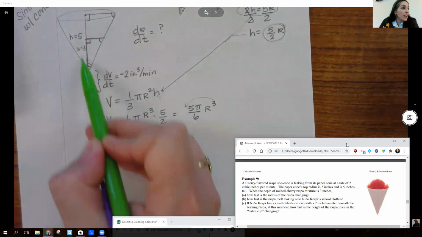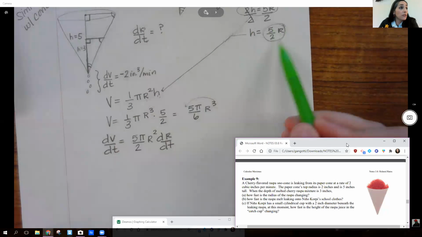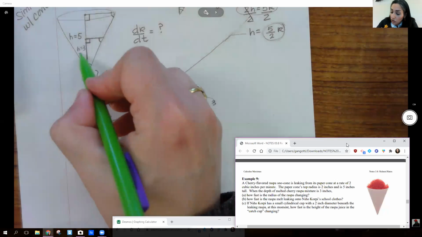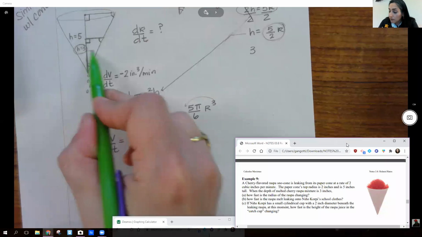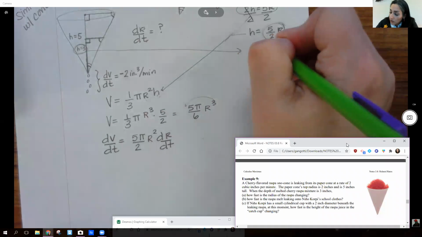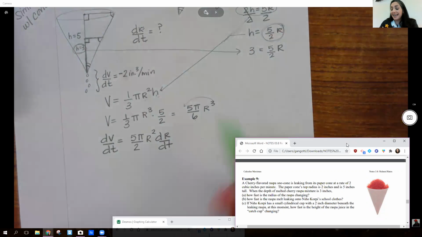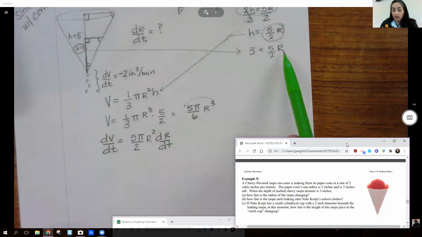So do y'all see, we got the h, but I don't have an h down here. But I have an h over here, so I could use that. So I could take this 3 right here and put it in for this h, and that equals 5/2 r. I can't put that 3 in because I have an r, I need r instead, unless I labeled that wrong. Nope, I didn't. So we're going to have to do a little extra work to get that r.